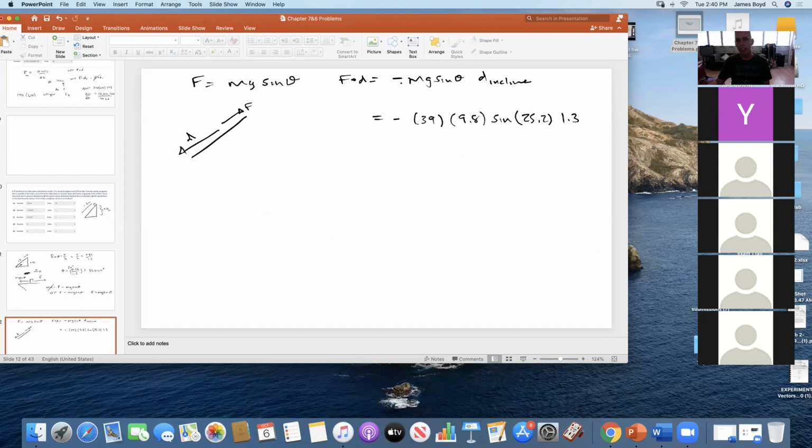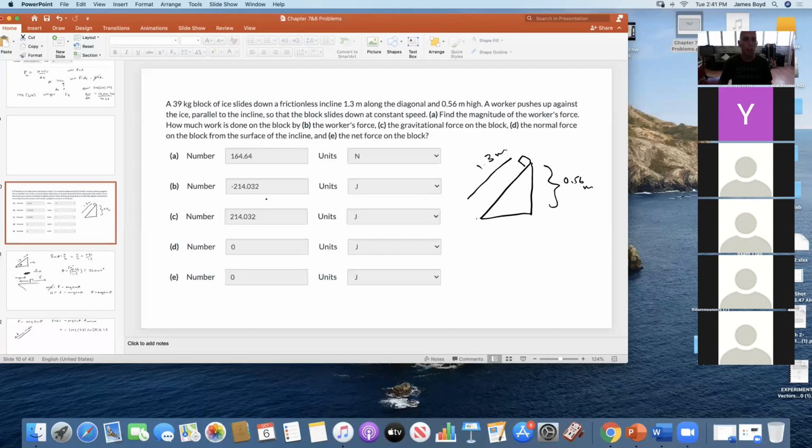So the distance that this thing traveled while the force was being applied. When we do all that, I get 39 times 9.8 times sine of 25.2 times 1.3, and I get 211. I rounded something weird. They get negative 214.